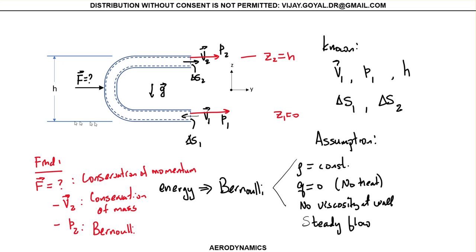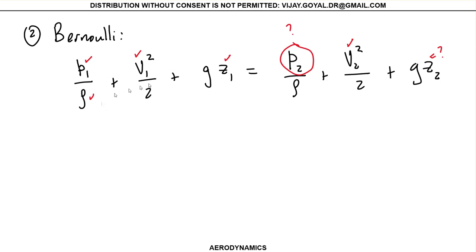Another way to do the problem is set this right in the middle, and this will be minus H over 2, and this will be plus H over 2. Regardless of whatever you do, it's fine.